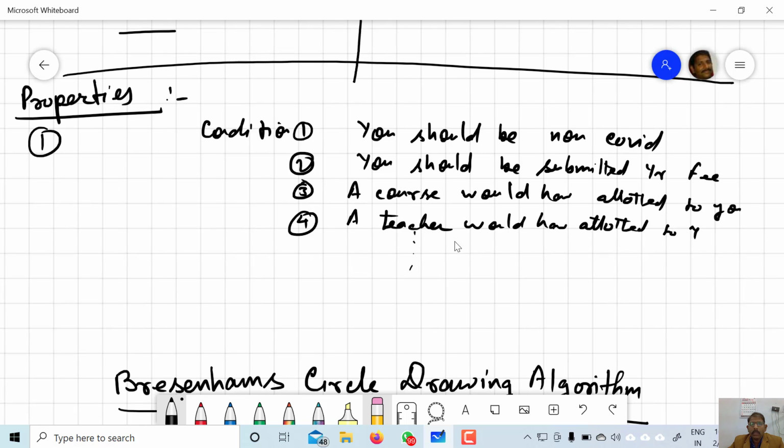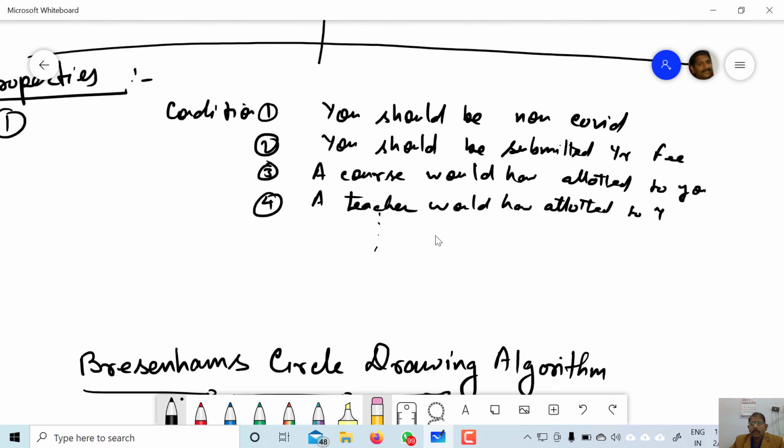So you can say that the first condition is A1, it is B1, it is C1, it is D1. In this way you can write the equation as A1 x1 plus A2 x2 plus A3 x3 plus A4 x4. These conditions should be followed and satisfied, so it should be greater than or equal to 0.